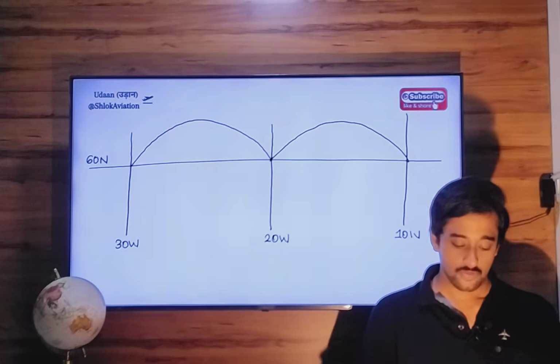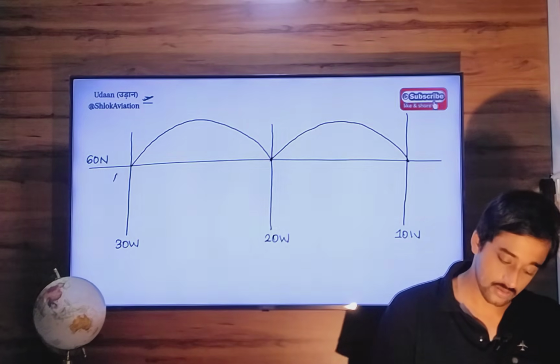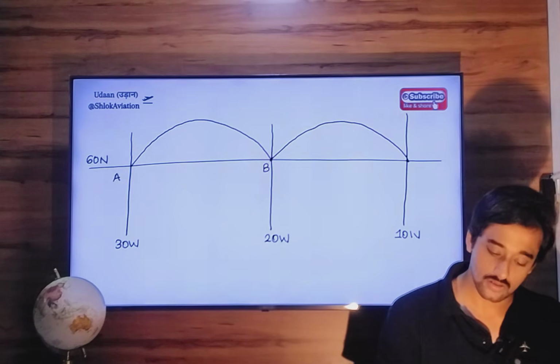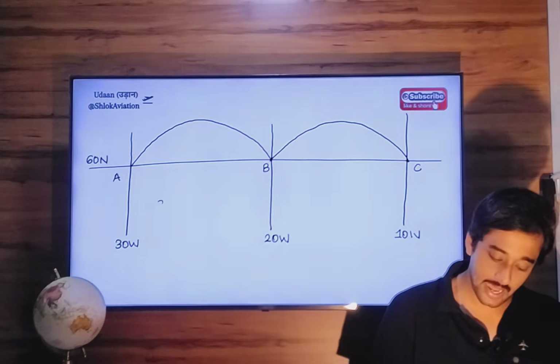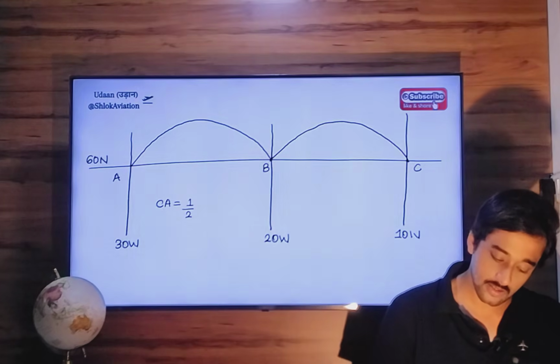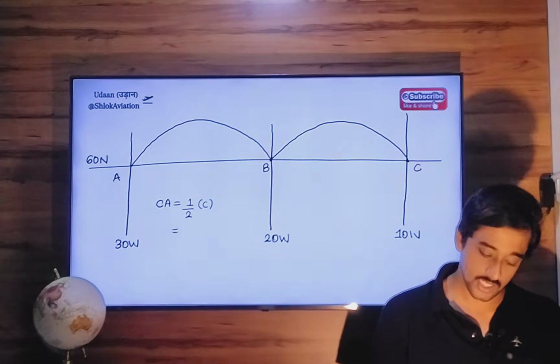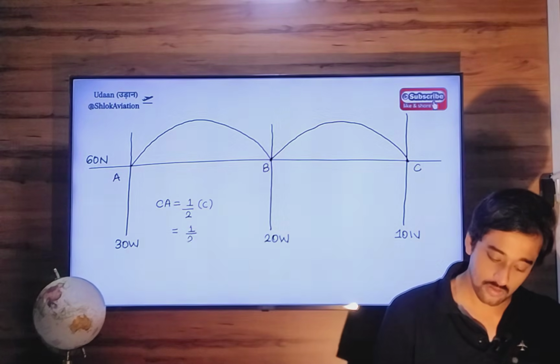Now, convergency angle will be equal to half of convergency. What is convergency here? D long 10 degrees into sine lat, sine 60.